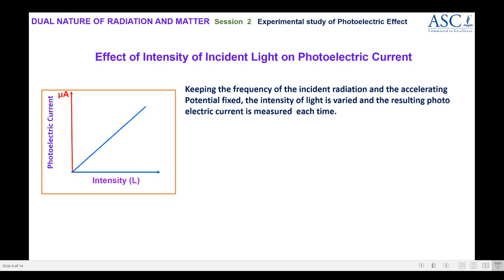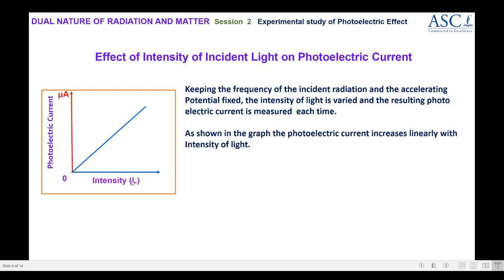So if you vary the intensity of light and observe the photoelectric current each time and then plot a graph between those two, the graph comes out to be like this.